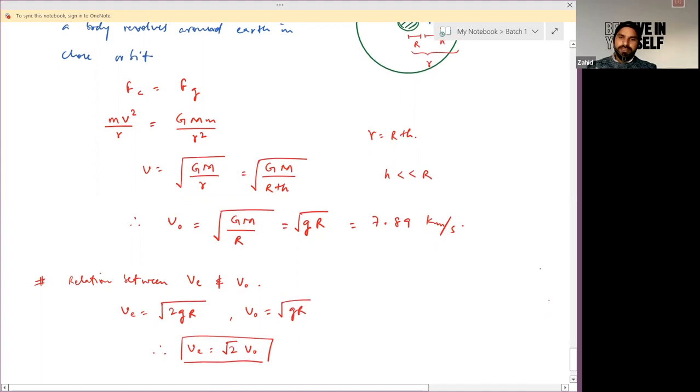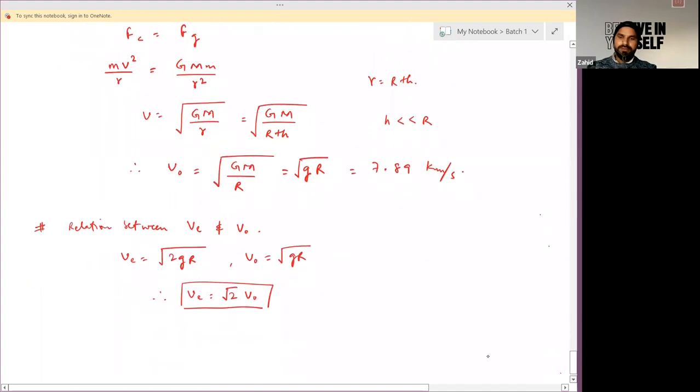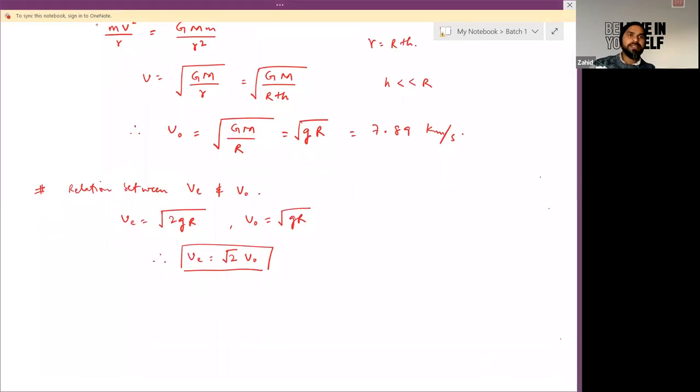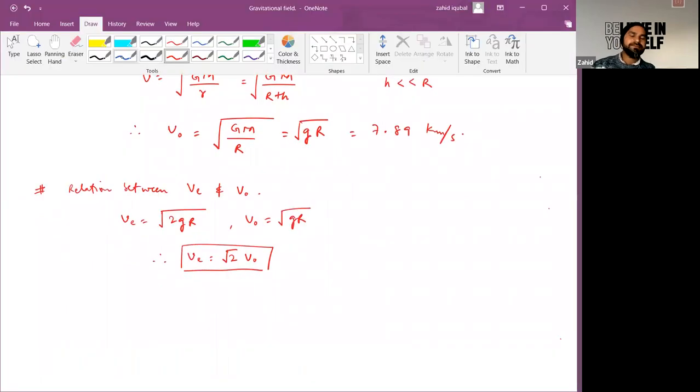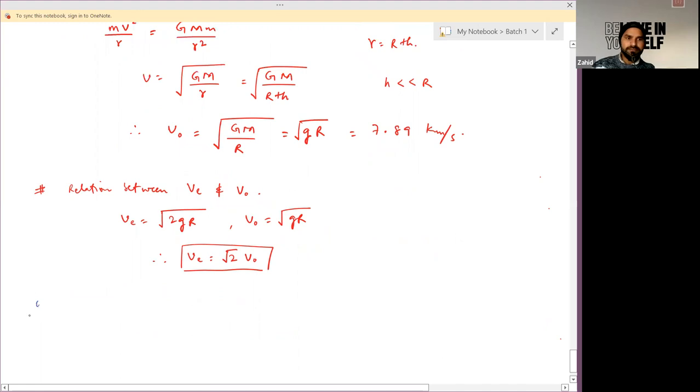Now, according to this relation, you may be asked a question: by how much percent should the velocity of the moon be increased to escape it out?